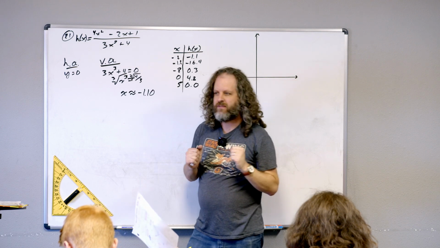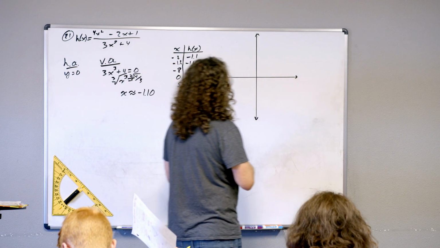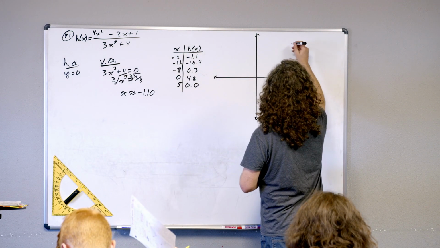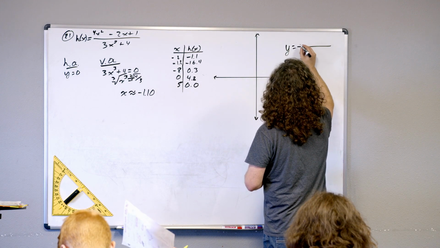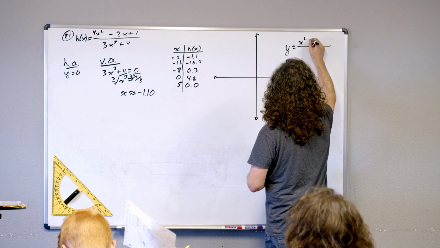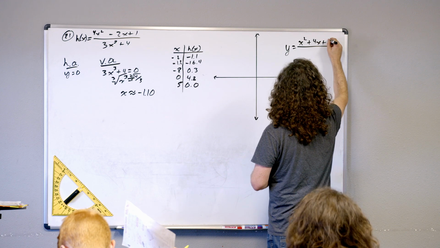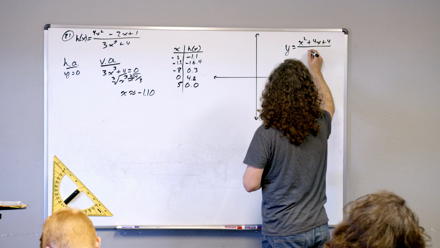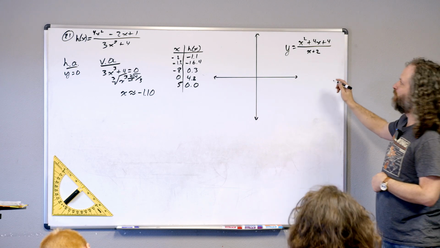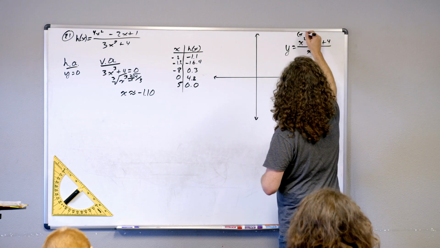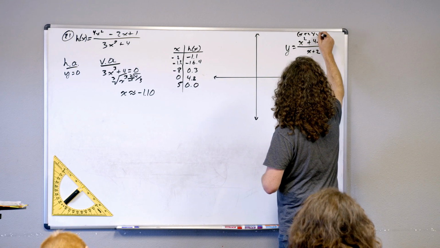Let me do a real simple example. If we had x squared plus 4x plus 4 divided by x plus 2, we factor the numerator into x plus 2 times x plus 2.